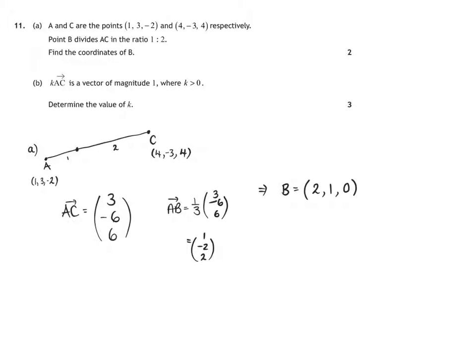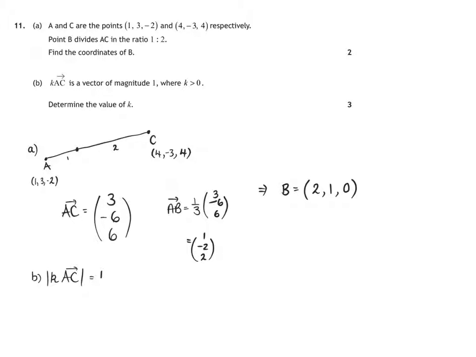Okay, so part B, we have been told that kAC is a vector of magnitude 1, where k is greater than 0, so we need to find the value of k. So the magnitude of kAC equals 1.